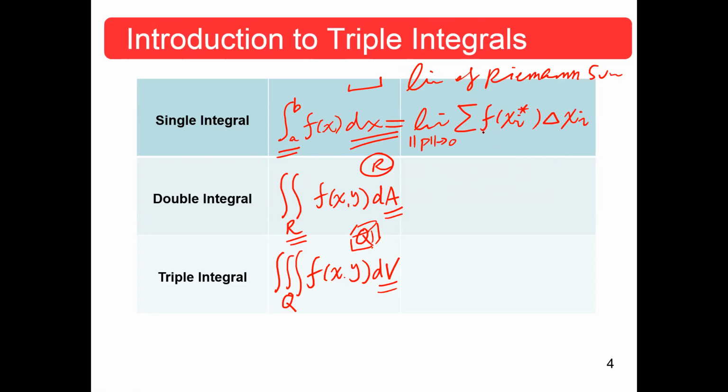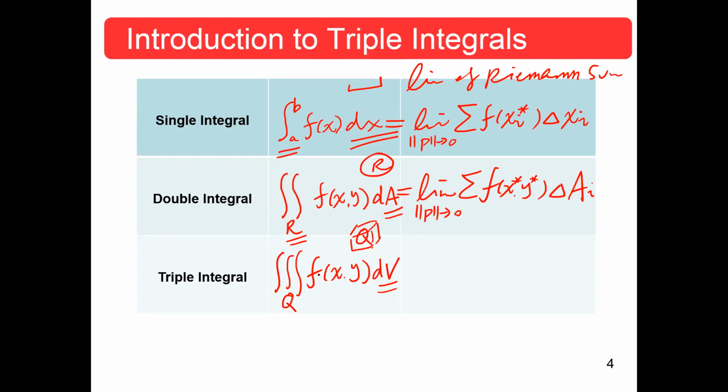If you recall that for the single integral. In the double integral, we still have a limit as the partition norm goes to 0, and then a sum of function values at selected x and y points, and dA turns to delta area.